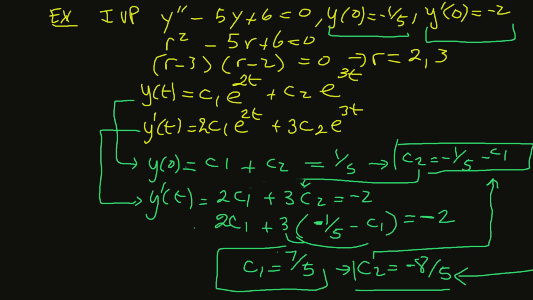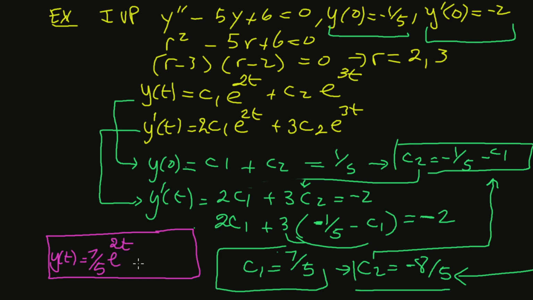What's good about this differential equation, it's almost like you're running through the same concept when you solve these IVPs, as long as we know which methods apply to what. Alright, so we can now go ahead and just maybe we'll keep it same screen and say that y of t is C1 7/5 times e to 2t minus 8/5 times e to 3t.